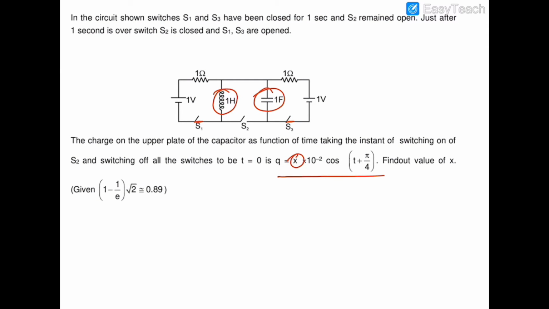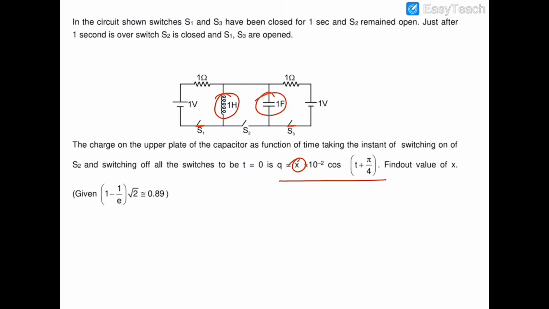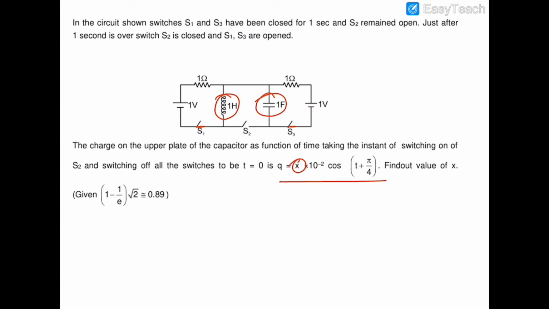Now we can see that initially, at t is equal to 1 second, I am writing the equation of the current and charge on the capacitor and inductor, and then I will substitute the value of time.